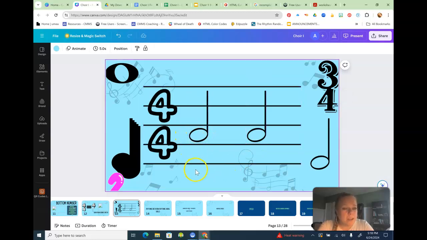In 4/4 time, with the 4 on the bottom, the quarter note's equal to 1. That means that each of these half notes are equal to 2 counts. So starting at beat 1 and going through beat 2 is this first half note, and then starting again at beat 3 and then beat 4. I can have, in a measure of 4/4 time, 2 half notes.